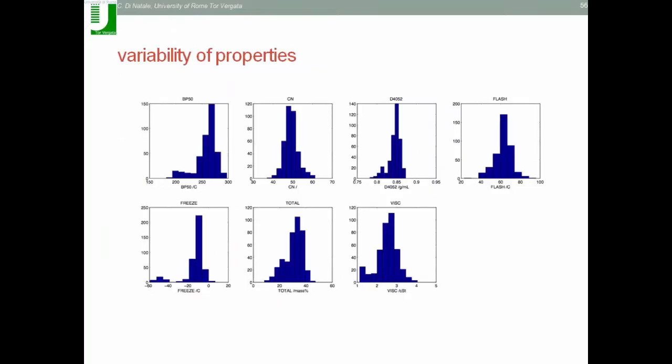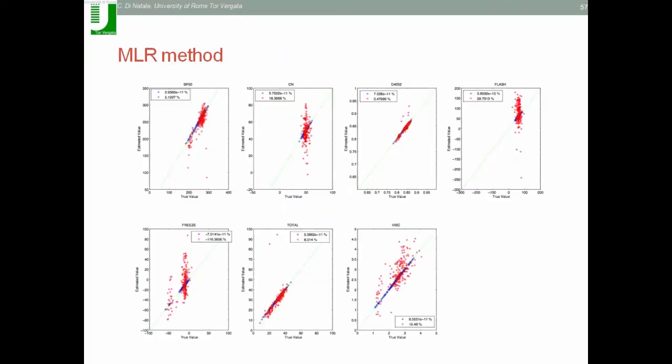And this is the variability of the different properties. We see that the distribution from which they come is quite homogeneous. It's not too relevant, but anyway. And what happens if we apply the multiple linear regression? So the method that worked so well with the array of quartz microbalances.